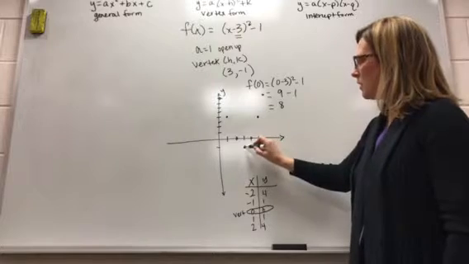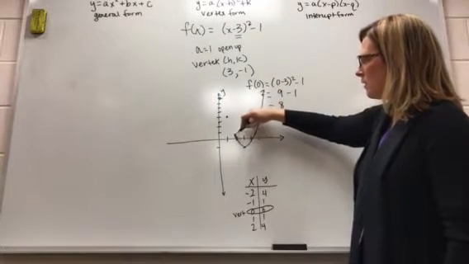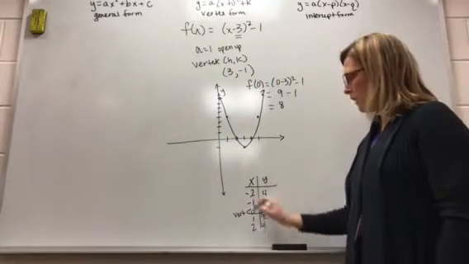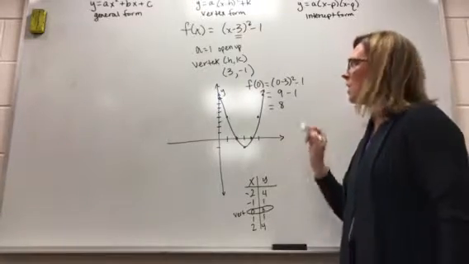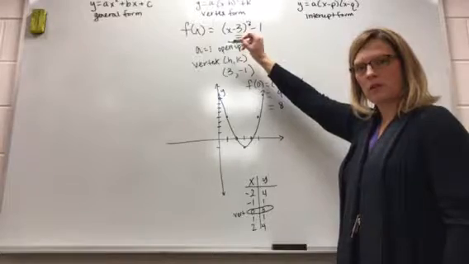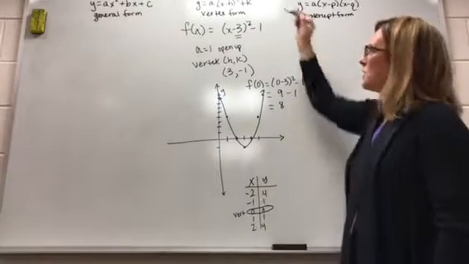So it worked out where I could follow my parent table, or I could find the y-intercept and graph from there. You can only use your parent table exactly how it is for your driving directions if your a value is 1. If it was negative 1 or a different number in front, then you'd have to multiply your y value. So this is vertex form.